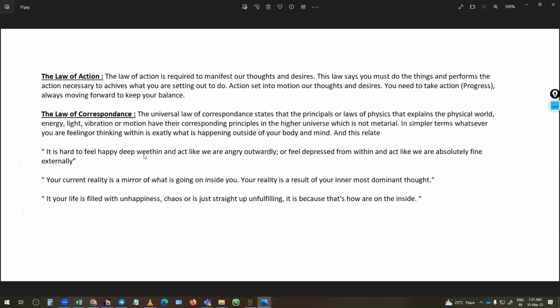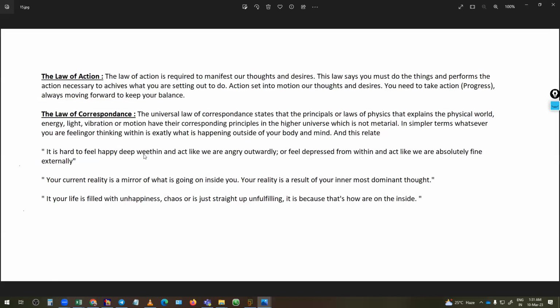In simpler terms, whatever you are feeling or thinking within is exactly what is happening outside of your mind and body. And this relates to every object, place, or person you come in contact with.